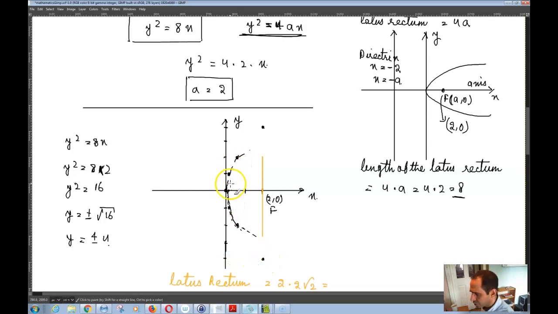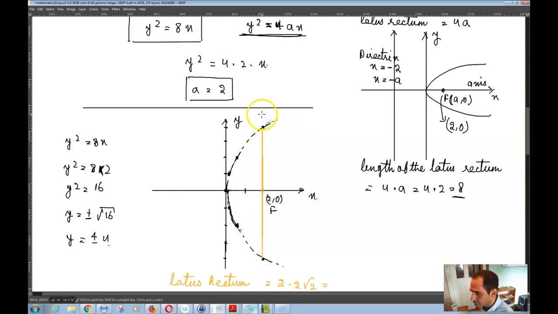So that means that your parabola actually opens like this. These 2 points, and so this is your latus rectum.